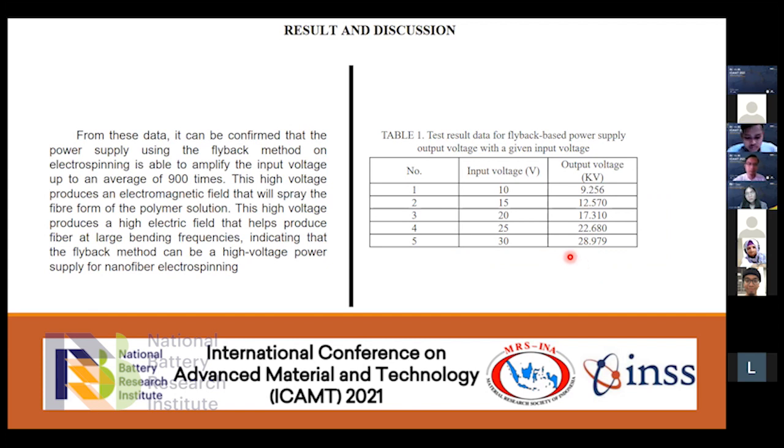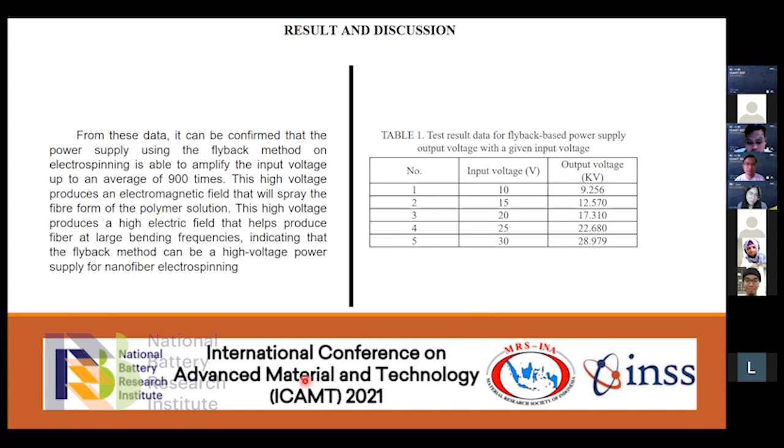Okay, we are going to the results and discussion. First, we measure the output voltage of the high voltage electrospinning when it is powered by several input voltages. From the data, it can be confirmed that the power supply using the flyback method is able to amplify the input voltage up to an average of 900 times.